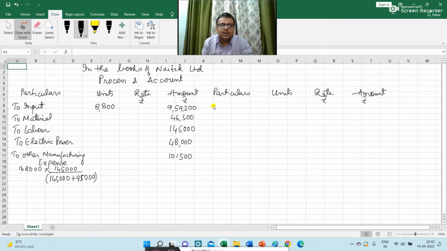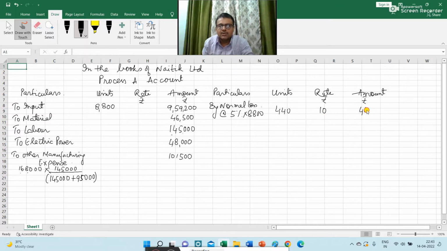Now there is a normal loss. So I am writing the normal loss on the credit side as by normal loss. It is given that the normal loss in process A is 5%. So 5% of 8,800 units is 440 units, and this number of units will be sold as scrap, and the rate of the scrap is rupees 10.